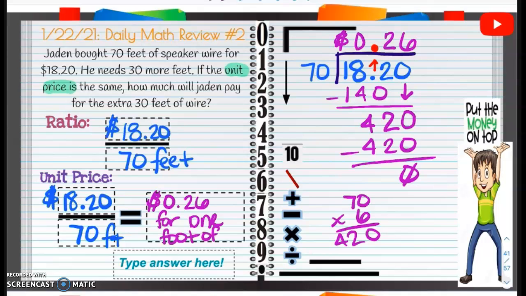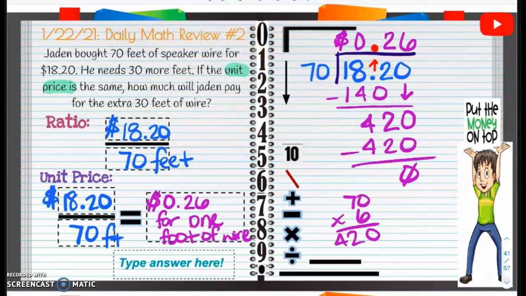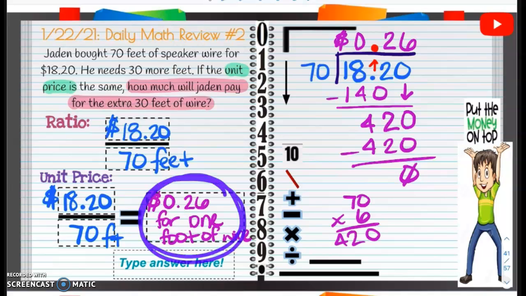Now, the main part here says, how much will Jaden pay for the extra 30 feet of wire? So what we're going to do is multiply 26 cents by 30 feet. He already has 70. He needs 30 more.